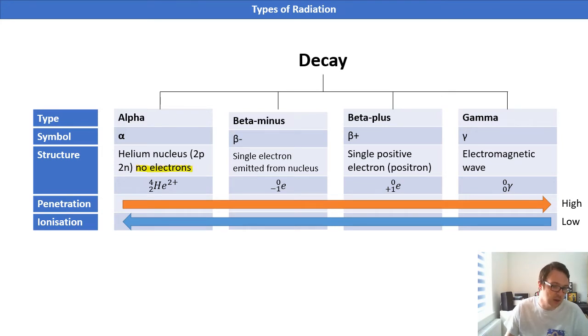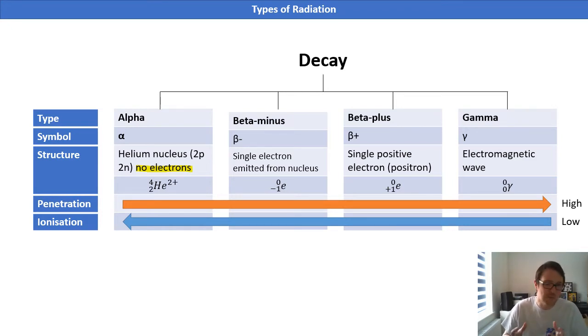So it's a nucleus without the electrons in the shells around it. And that means it becomes a 4-2 helium 2+. That's its symbol, where the 4 tells you the atomic mass and the 2 tells you the atomic number. So you can work the information out. And the 2+ tells us there are 2 protons that have no electrons to neutralize them.